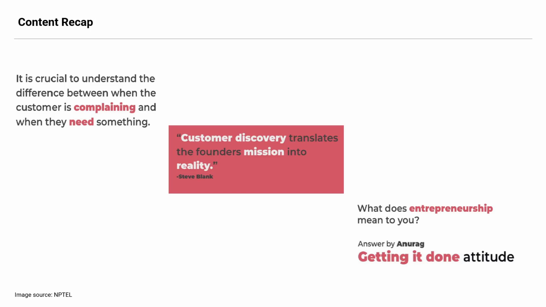These are a few more statements which are very, very important, and it's crucial to understand the difference between when the customer is complaining and when they need something. Because many times what happens is that the customer complains and we feel that okay, that is something they need, but the moment you address that and go to the customers, they might say a very different tone.